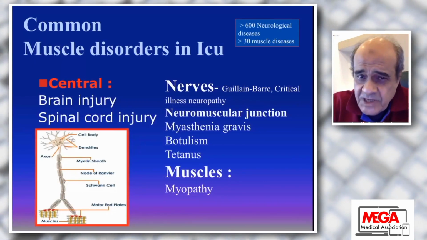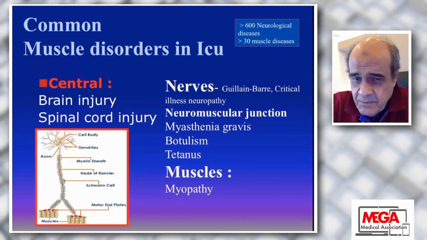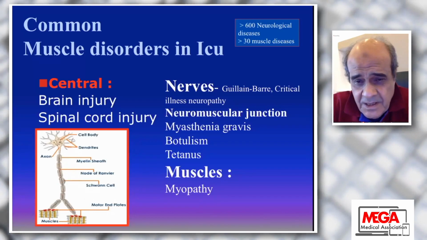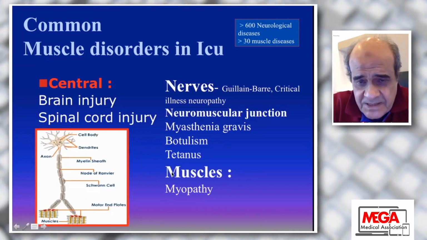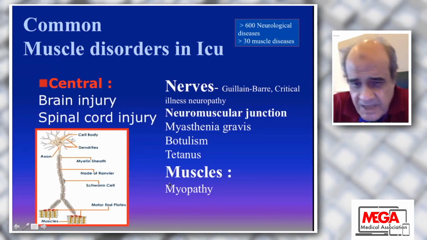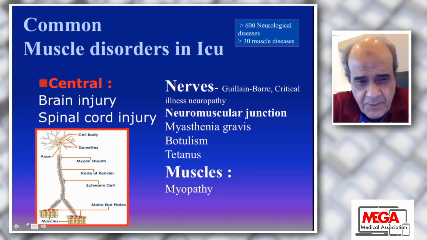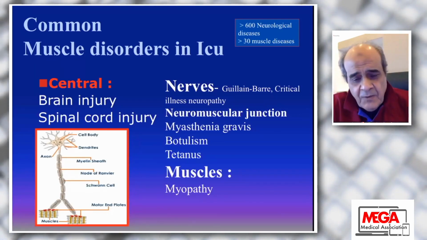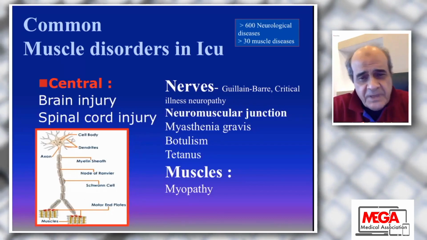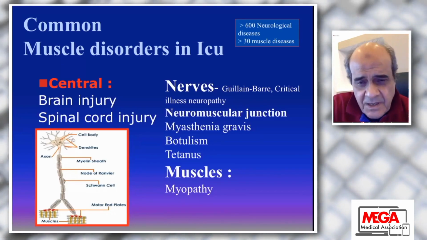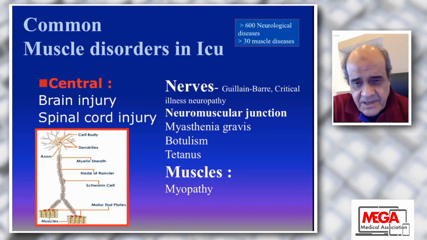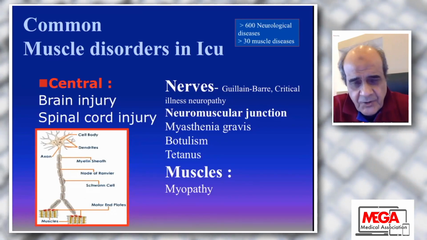Also neuromuscular junctions, such as myasthenia gravis, botulism, tetanus. In the muscles, we can see polymyositis, myopathy, intensive care myopathy, and I think we know there are many diseases affecting the muscles and the neuromuscular unit.